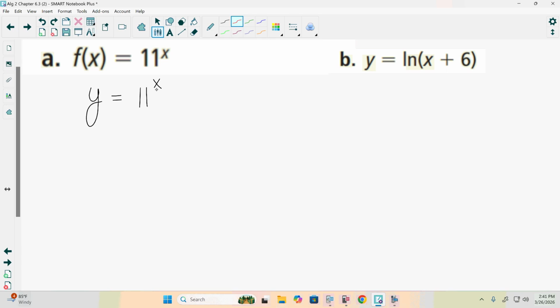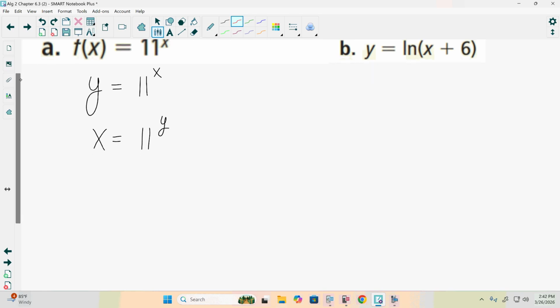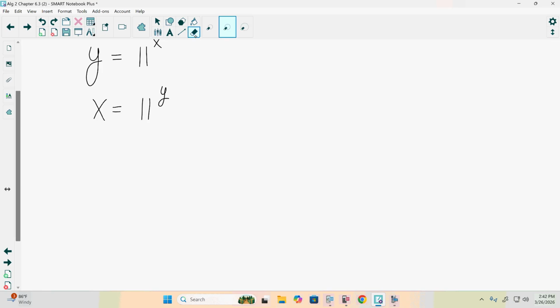f of x equals 11 to the x. Well, the first thing we're going to have to do is replace f of x with y. So we get y equals 11 to the x. Next step is to switch the x and y. I'm going to do something interesting, because this is another way to do what we've been doing, but might help you keep some of the terms straight.